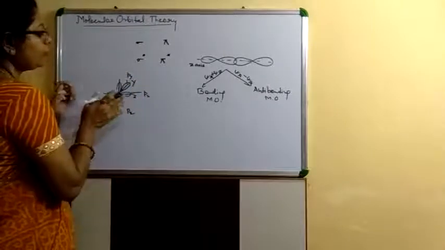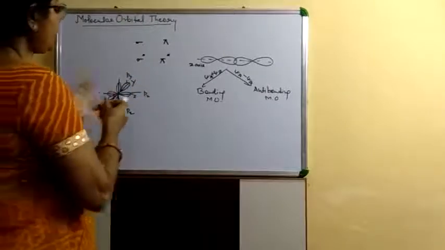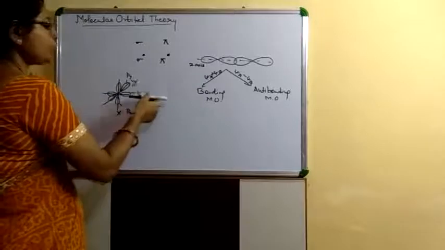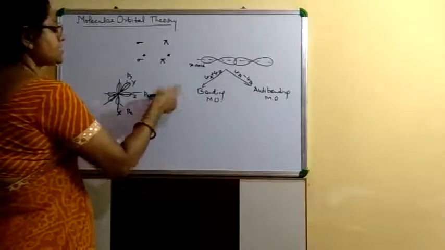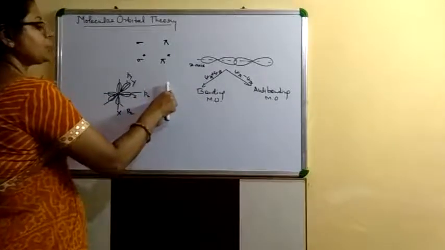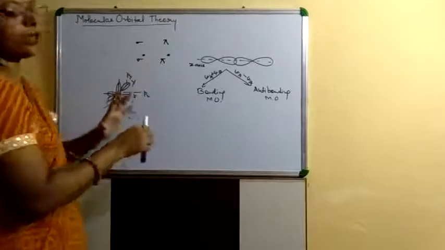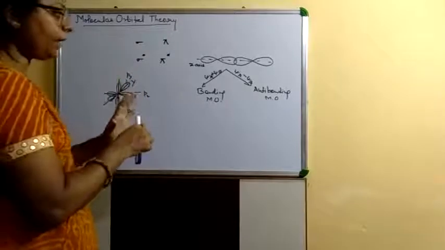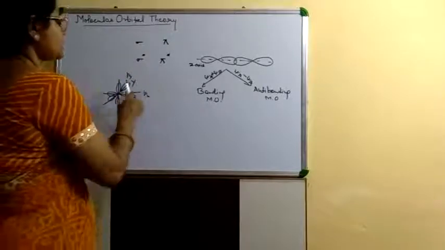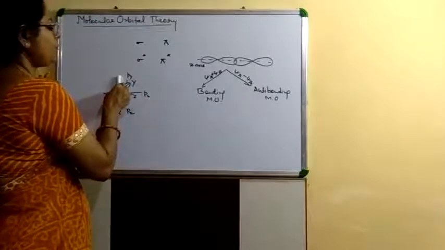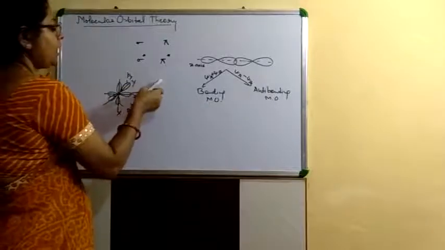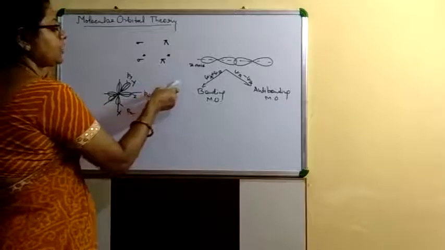So if the orbitals approach each other along the z-axis, the other two orbitals approach perpendicularly to it, like this.